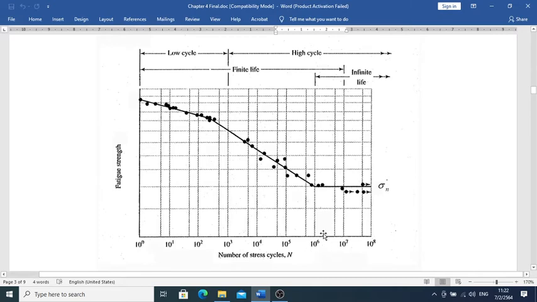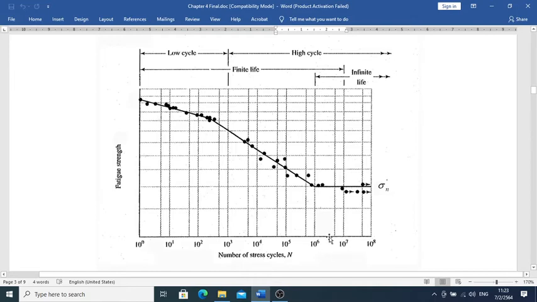But you may figure out we have some overlap between finite and infinite life, 10 to the 6 and 10 to the 7th. There is some controversy between 10 to the 6 and 10 to the 7, between the ISO and the German DIN, between infinite life and finite life.